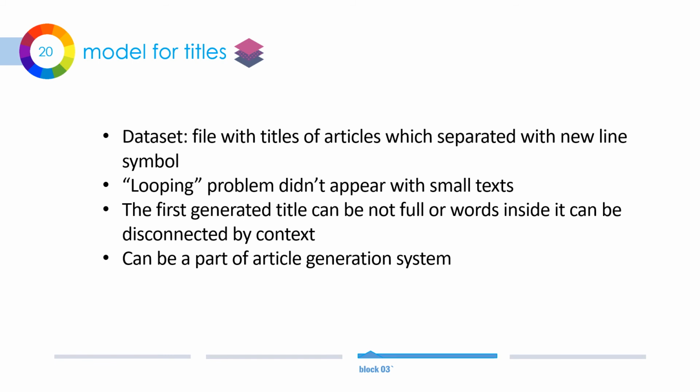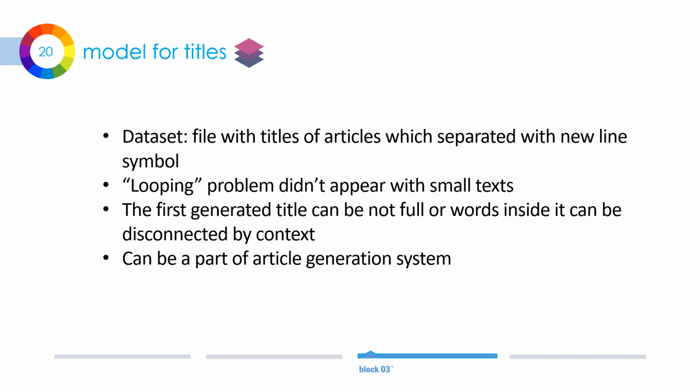Here we didn't have the looping problem at all. Partly it was because of the experience we had applying the past task. But often the first title of an article that the model generated was not full or was disconnected inside itself by context. So we always took the second one.